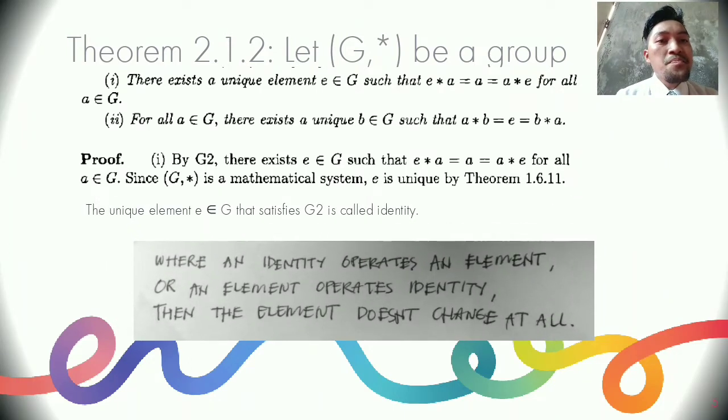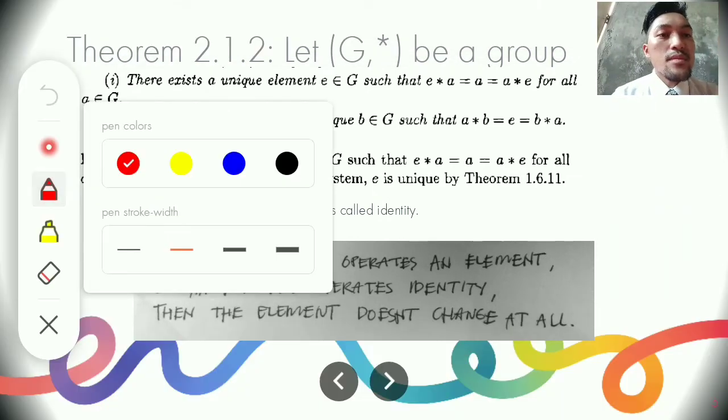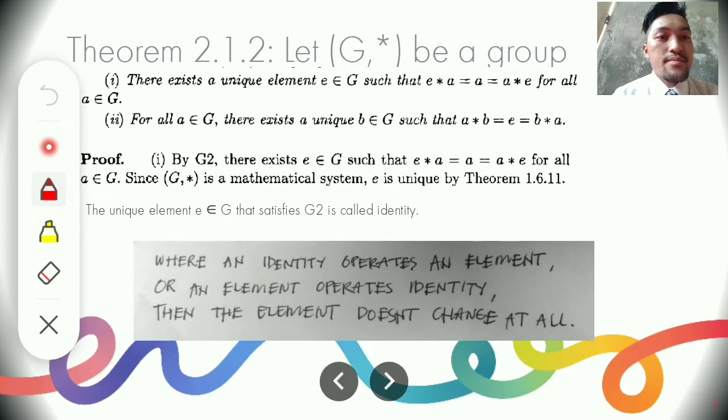Take note that when an identity operates on an element, or an element operates on the identity, the element doesn't change at all. For example, our element is a and our identity is e.